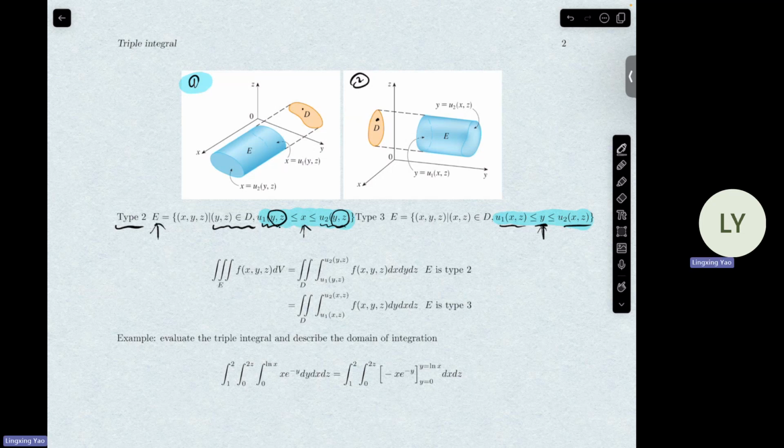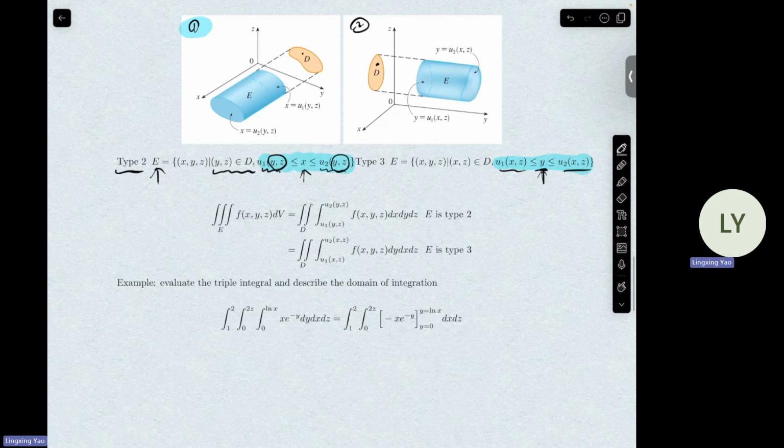Now let's look at something a little more straightforward. Suppose we do not have to figure out the projection ourselves, but instead it is already given like this. Here the most interior layer is for the y variable, the middle layer is for the x variable, and the exterior is for the z variable.